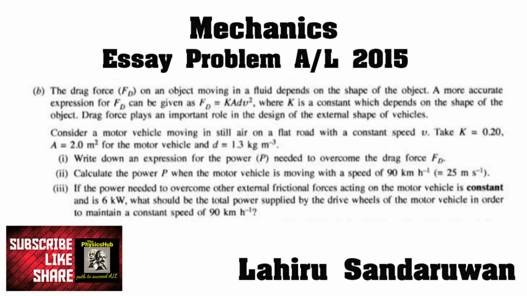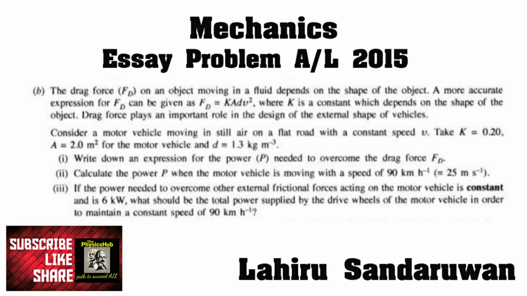Then part B. The drag force Fd on an object moving in a fluid depends on the shape of the object. A more accurate expression for Fd can be given as Fd equals KAdv squared, where K is a constant which depends on the shape of the object. Drag force plays an important role in the design of the external shape of a vehicle.